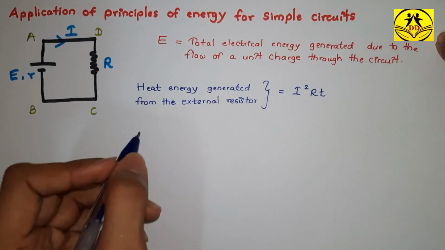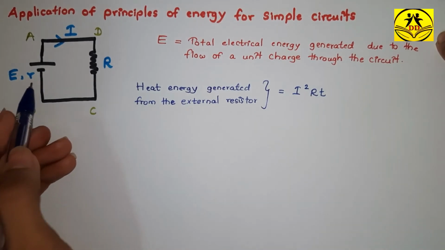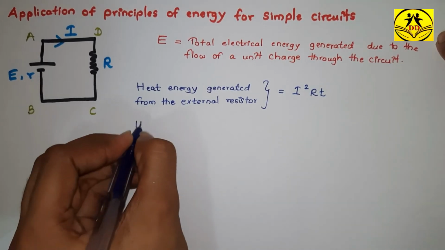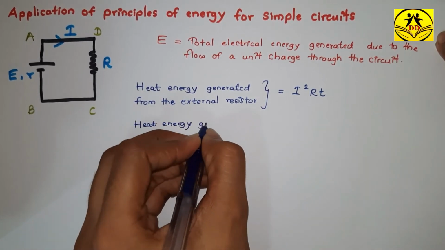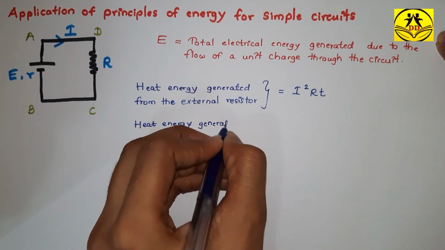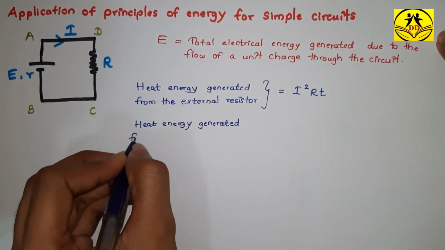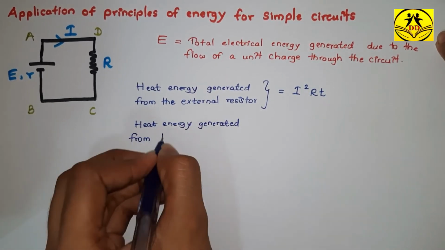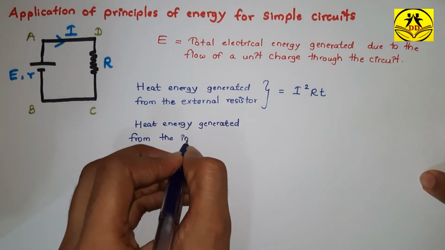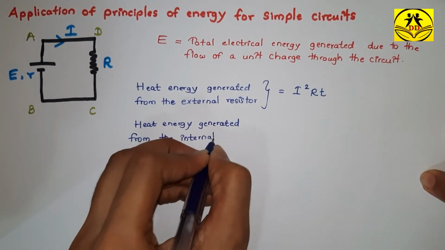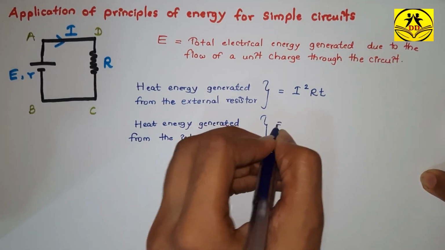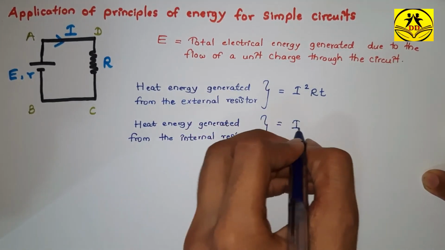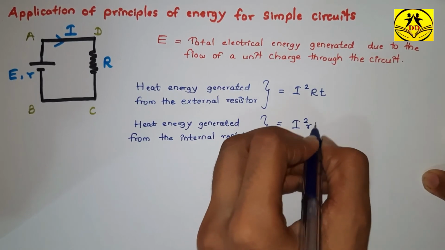And also we can write for this internal resistor, heat energy generated from the internal resistor equals I squared rT.